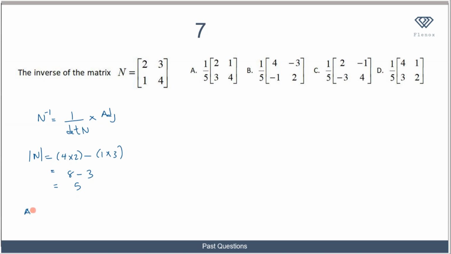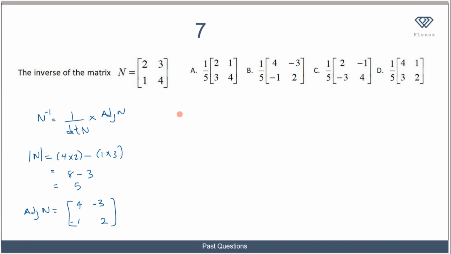Now the adjoint of N will be equal to, you change the first diagonal, you bring this here and you bring this here. So 4 and 2. While you leave the remaining as they are, 3 and 1, but you change the polarity. So since I have plus 3, I change to minus 3. If I have plus 1, I change to minus 1.